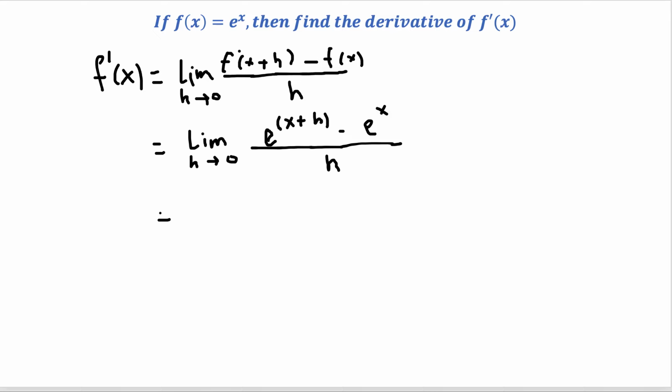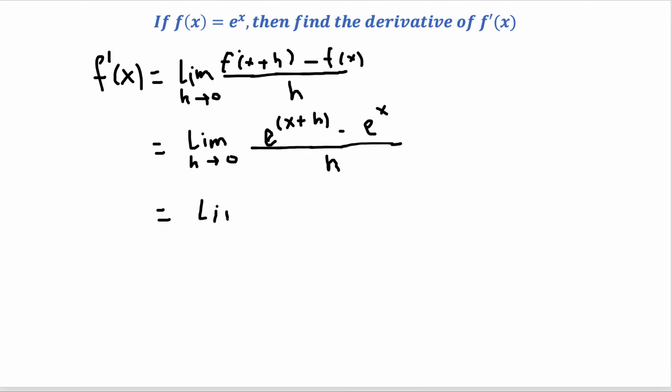And now let's factorize here. According to the exponential rule, this expression we can write as e to the power x times e to the power h, but to make a little shortcut, e to the x is going to be a factor for both these terms. Therefore we can take e to the x as a common factor.